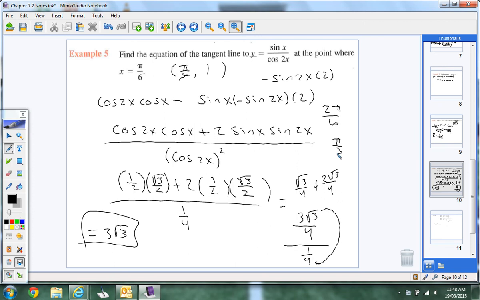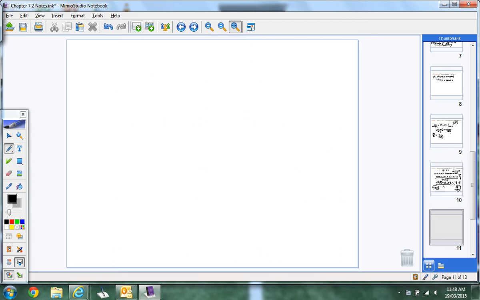So now the last thing we're going to do here, guys, is find the y equals mx plus b. So 3 √3 x plus b. And that's where we wanted to have our x and our b. So we have 1 equals 3 √3 pi over 6 plus b.